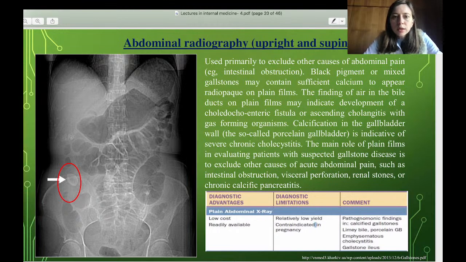Calcification in the gallbladder wall is indicative of severe chronic cholecystitis. The main role of plain film in evaluating patients with suspected gallstone disease is to exclude other causes of acute abdominal pain, such as intestinal obstruction, visceral perforation, renal stones, or chronic calcific pancreatitis.